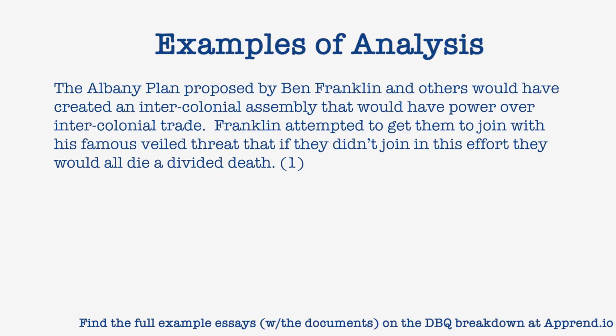In the next sentence, Franklin attempted to get them to join with his famous veiled threat that if they didn't join in this effort, they would all die a divided death. And that's the content use. So the first sentence dealt with the historical context with the Albany Plan. It sets up document 1, which is the divided snake.